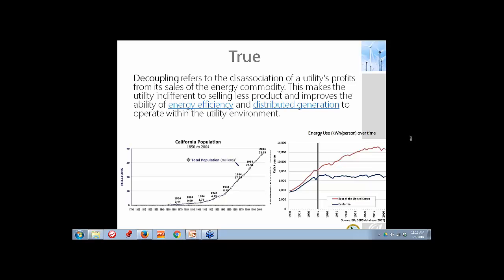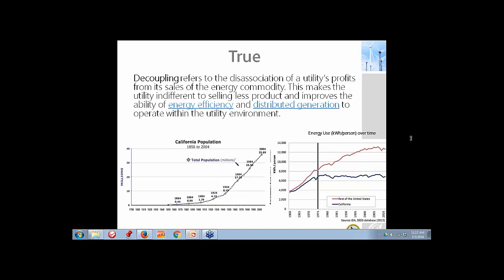So a decoupled utility is great for energy efficiency and for distributed generation, which is smaller, localized clean energy, like renewable on a rooftop or a small wind farm.